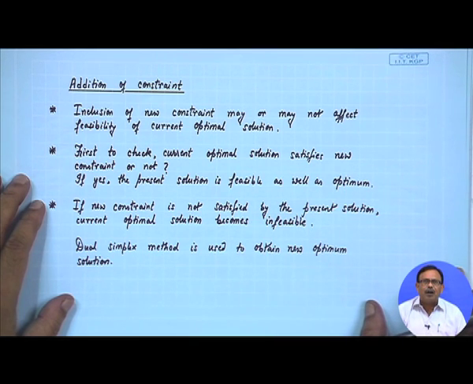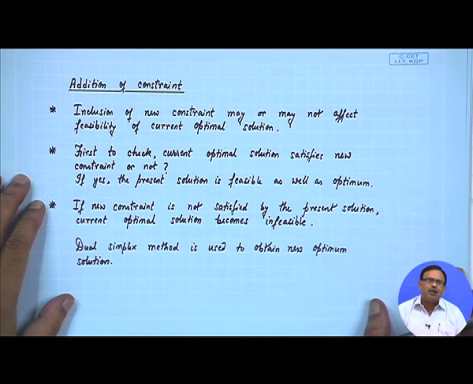If the new constraint is satisfied by the current optimal solution, then the present solution is feasible and that solution will give you the optimum solution. Means in that case you do not have to compute. But if the new constraint is not satisfied by the present solution, then your current optimal solution will become infeasible.